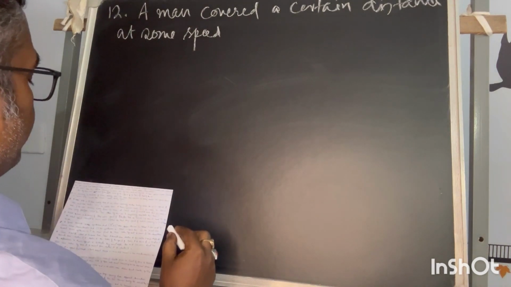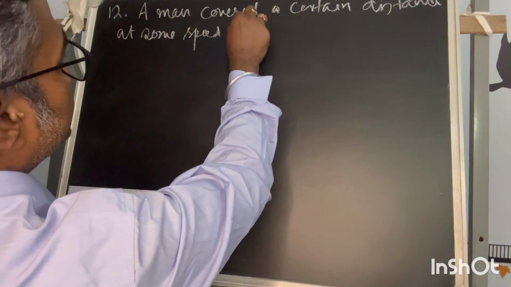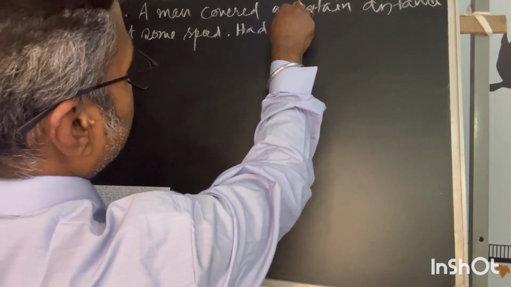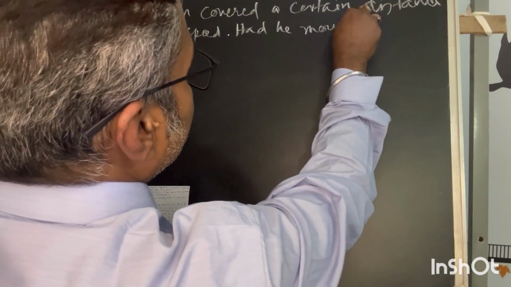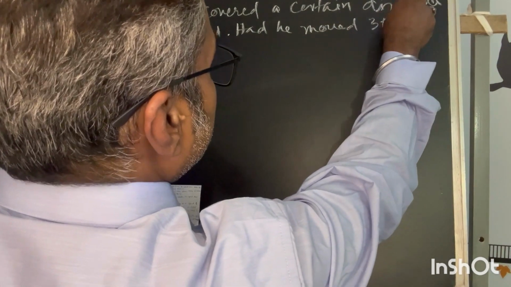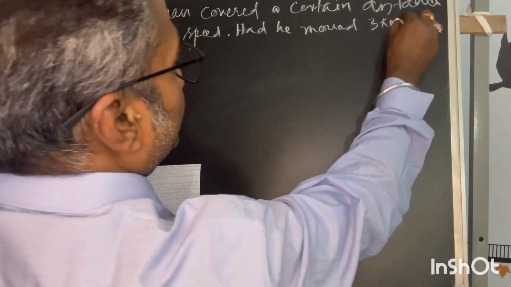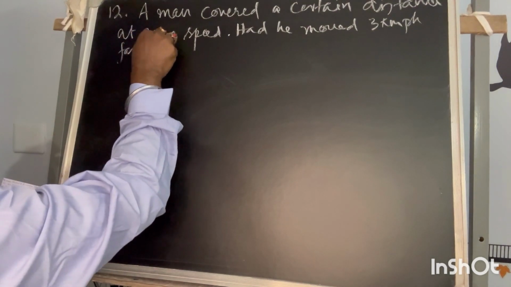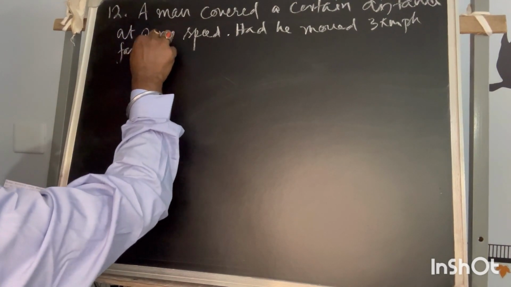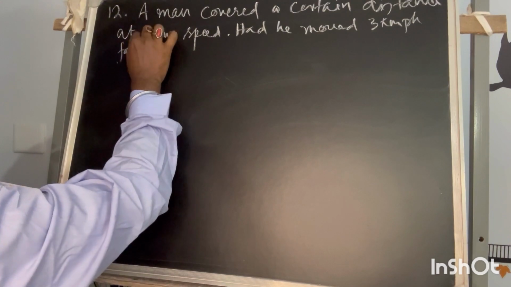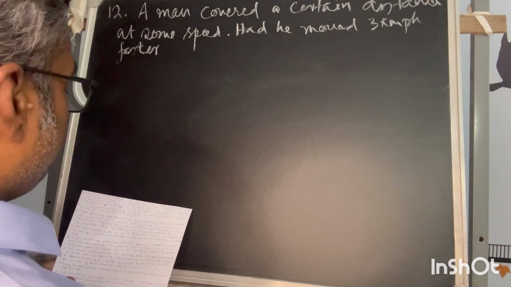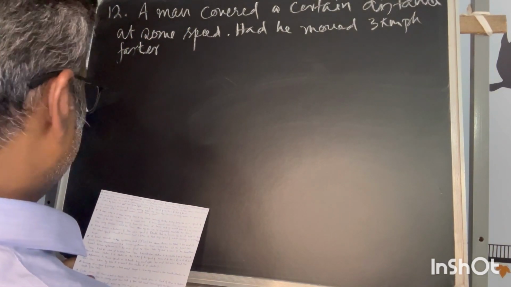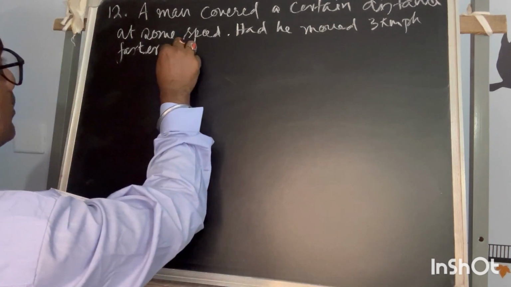Had he moved 3 kilometers per hour faster, he would have taken 40 minutes less.